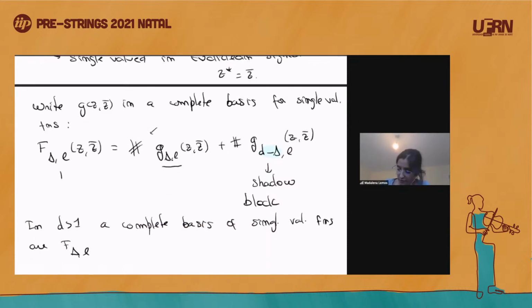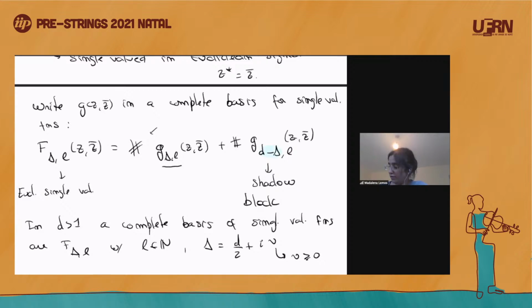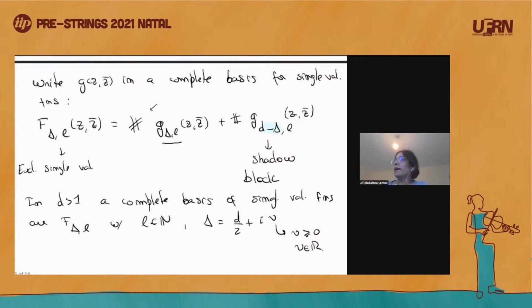Let me write here that they are single valued in Euclidean, with L integer and delta being d half plus i nu, where this nu is positive or 0, so a non-negative real number. And so this is called the principal series.